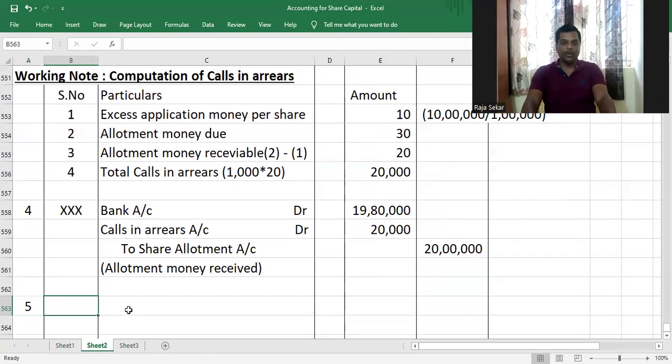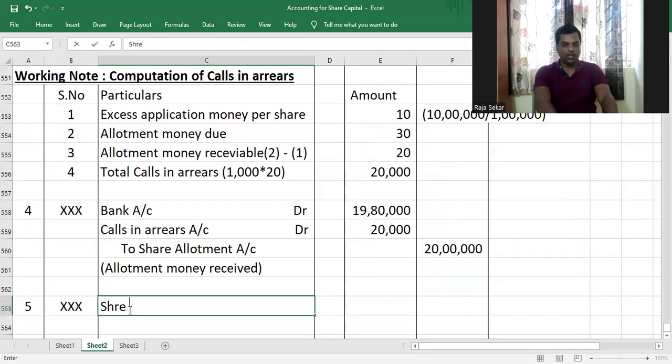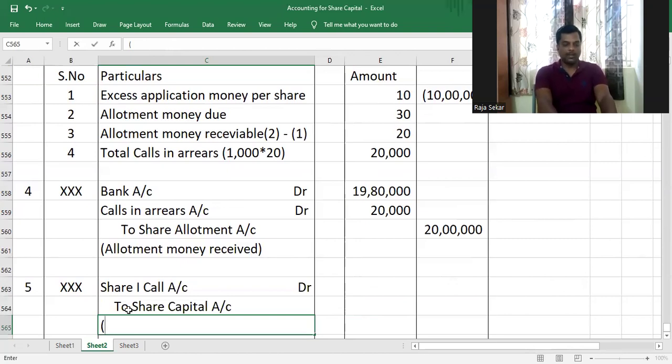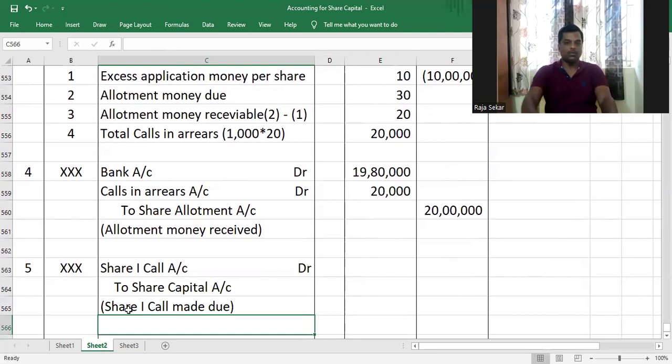The next journal entry would be to make first call due. And it's very straightforward. Share first call account debit to share capital account. Share first call made due.